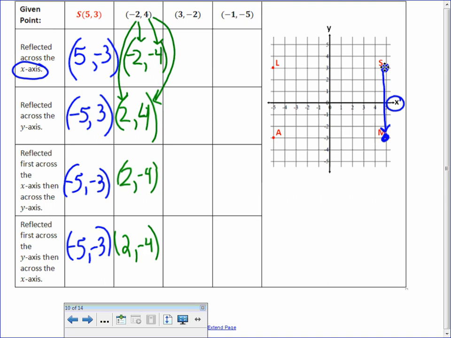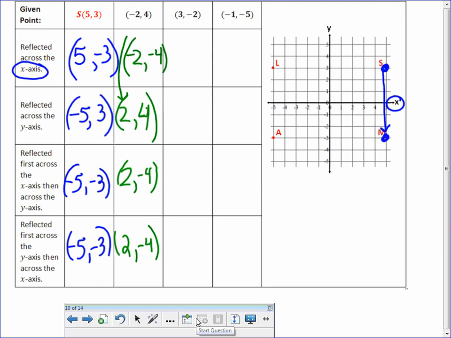Try the next column. 3, -2. If I'm reflecting it over the x-axis, what are the coordinates going to be? Let's do this.